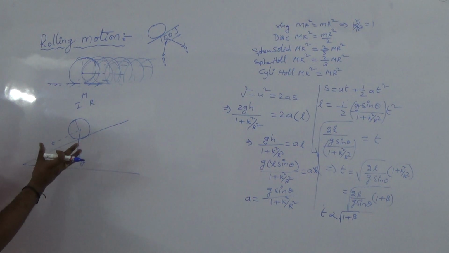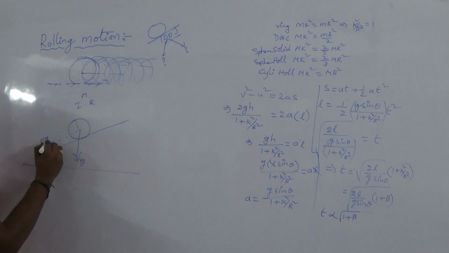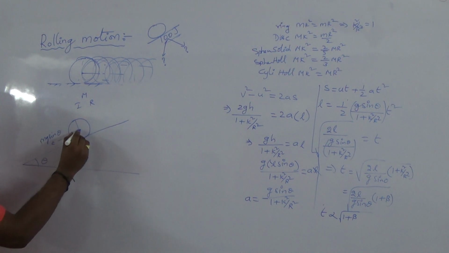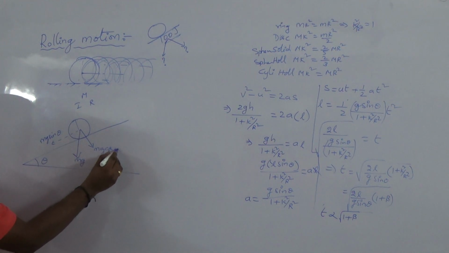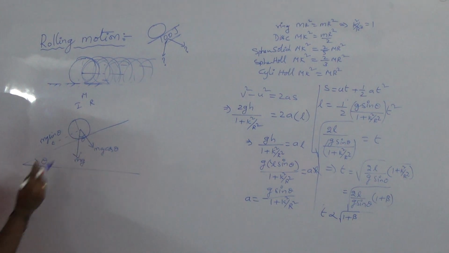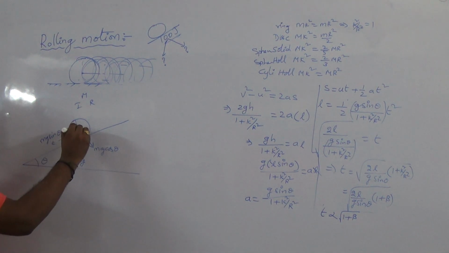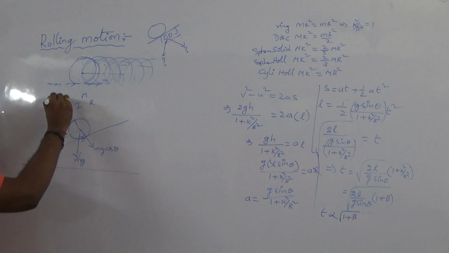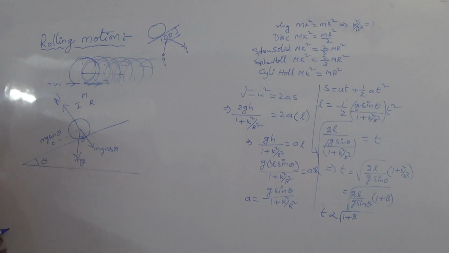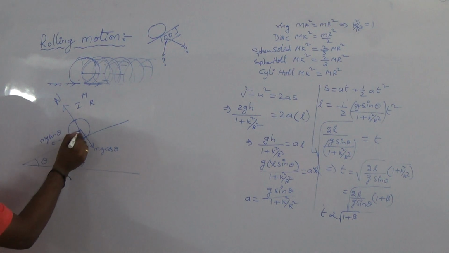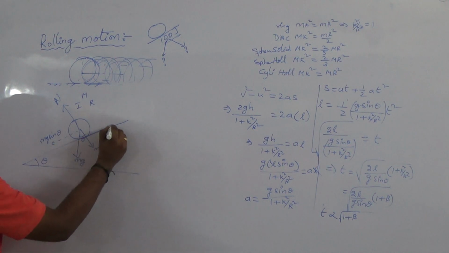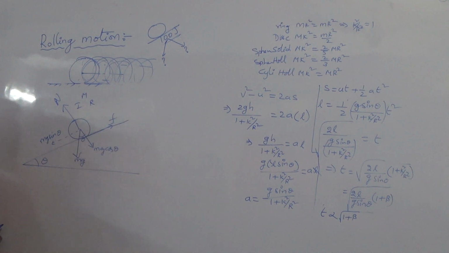Now the weight has two components: along the incline mg sin theta, and the other mg cos theta, with the angle theta. When the body is placed, there will be a normal reaction N. To roll the body on the inclined surface or any horizontal surface, friction is a must. As the body moves down, friction is developed in the opposite direction.